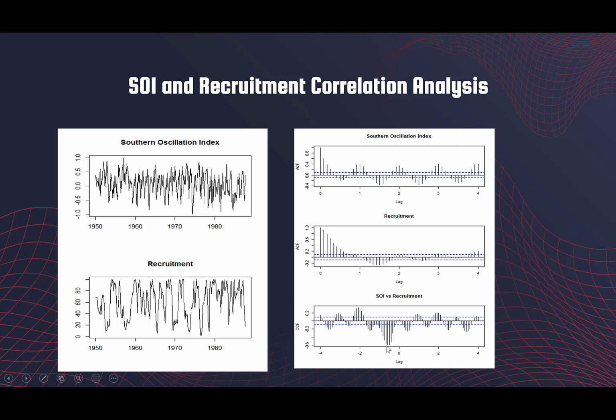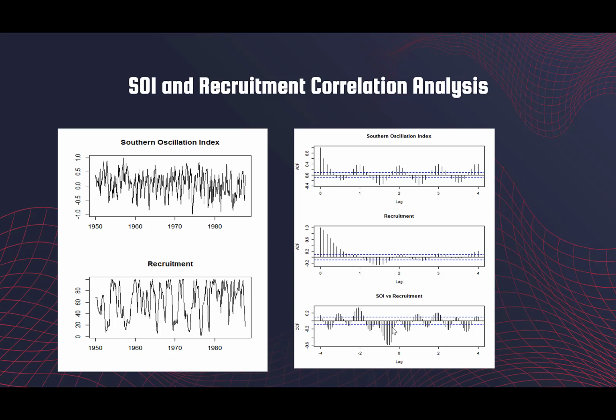What this says is that there is negative correlation between SOI and recruitment. If my SOI, that is the temperature, increases today, then 6 months later the number of fish would drop, or vice versa. So there is a lag effect here, right? Changes in SOI are reflected in the number of fish 6 months later.